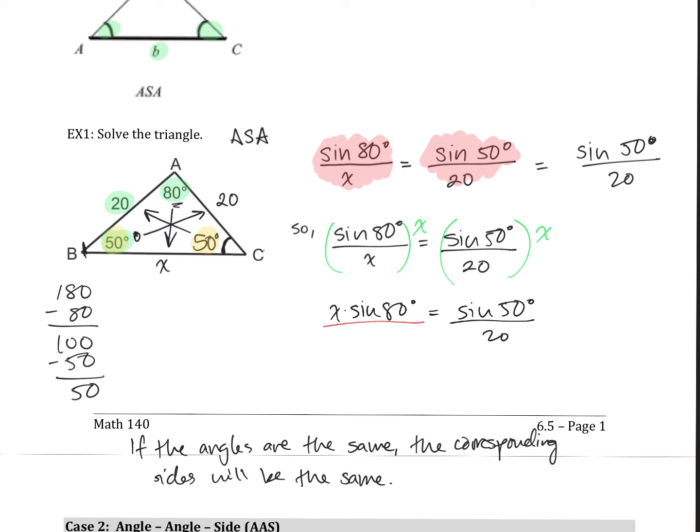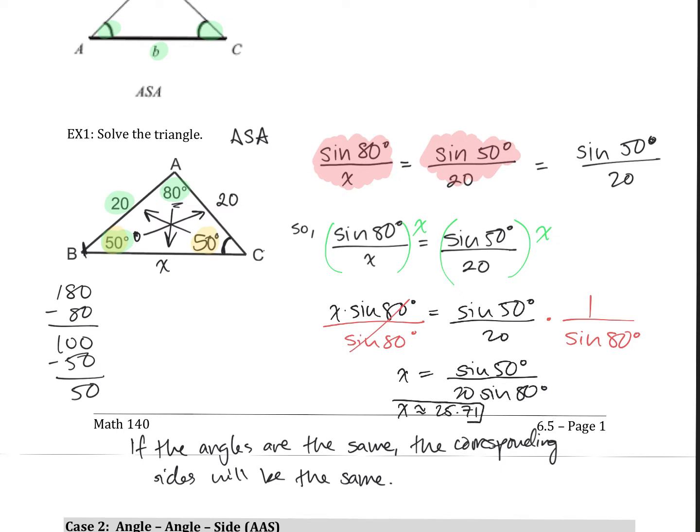Dividing both sides by sine of 80 degrees, we get x equals sine 50 degrees divided by 20 sine of 80 degrees. Now plugging that into our calculator, we're going to get that x is approximately 25.71.